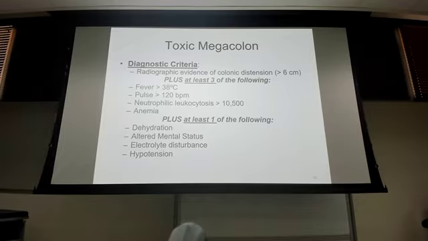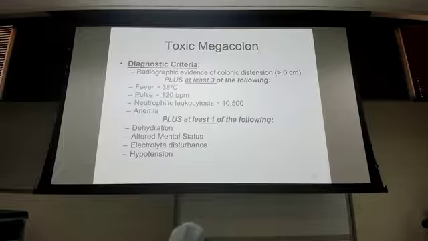Diagnostic criteria. You have to have that dilation on the radiographs measured out, plus that fever, tachycardia, leukocytosis, and some hypotension. And it gives you the cutoff scores or measurements for the fever, the tachycardia, the leukocytosis, and anemia. So you have to have radiographic evidence greater than 6 centimeters, and then at least 3 of the next group: fever, pulse, leukocytosis, or anemia.